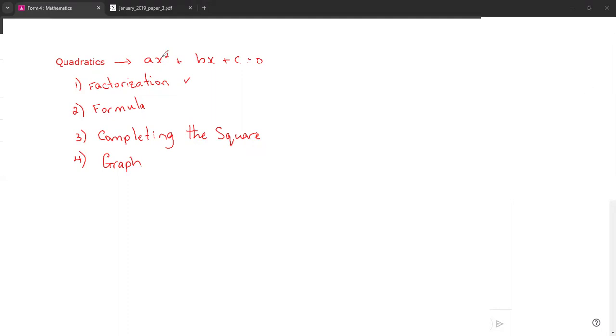Now, let's say they gave us a quadratic to solve. So let's pretend they gave us x squared plus 3x plus 2 is equal to 0. If they tell you to solve, it means that you have to put your quadratic equal to 0.